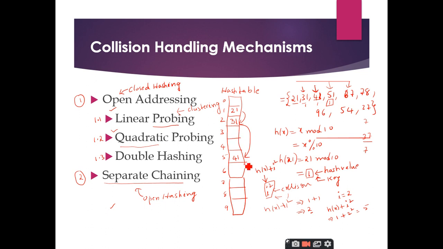I probed the fifth location and found it is again occupied by element 41. Now I got the i value as 3, so this is the third collision. The next location to probe is h of x plus 3 square, that is 1 plus 9, which is 10. So I have to probe the 10th location.